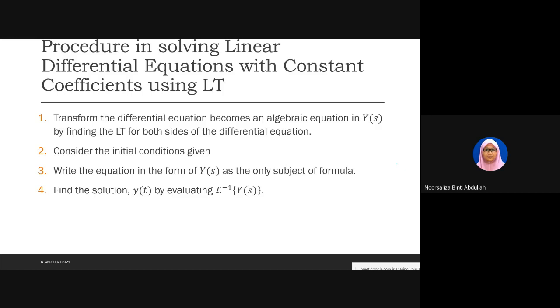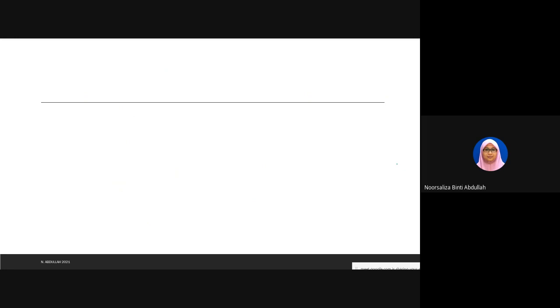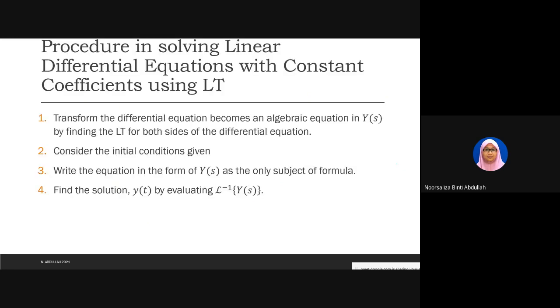And then you write the equations in the form of Y S, the one that we did in here. And then we can find the solution. We can get the y t by using the inverse for Y S. So this is how we can use the Laplace transform to solve the linear differential equation.